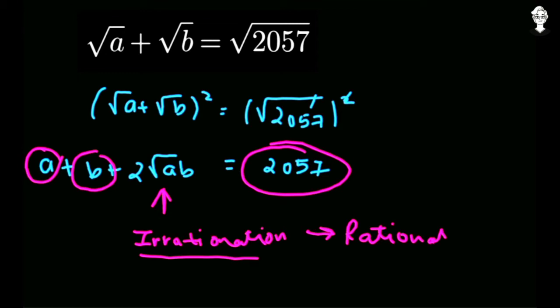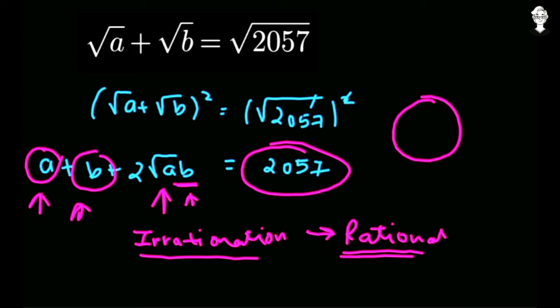So this part must be rational, then and only then integer plus rational equals rational will be satisfied. We can just say rational because rational is a bigger branch than irrational.